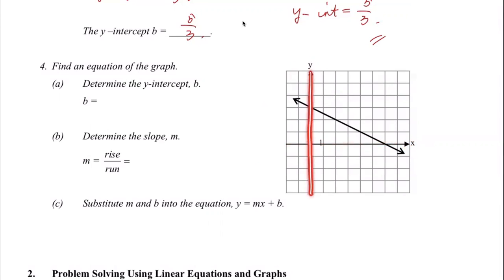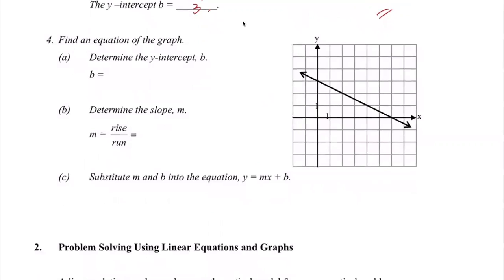This is the y-axis, which is a vertical straight line. And this is our main character here, right? Which is the straight line we're dealing with, okay?